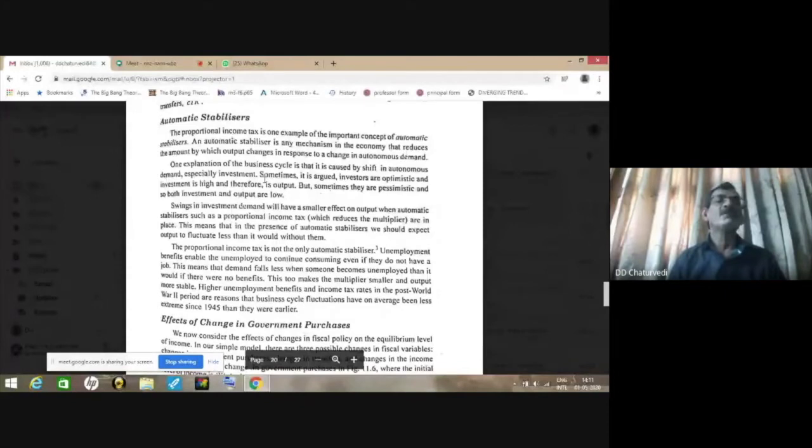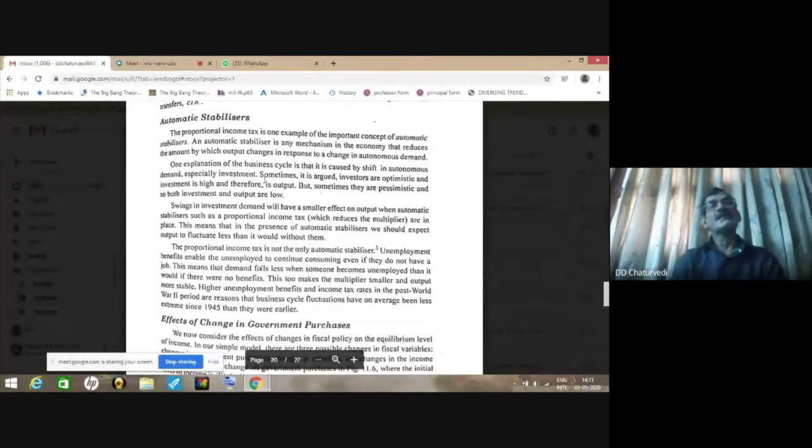We all know that by having more income, the demand and consumption rise, and by imposition of taxes, the income level is reduced to some extent. So we can say that income tax or proportional income tax in this particular case serves as an important concept of automatic stabilizer.